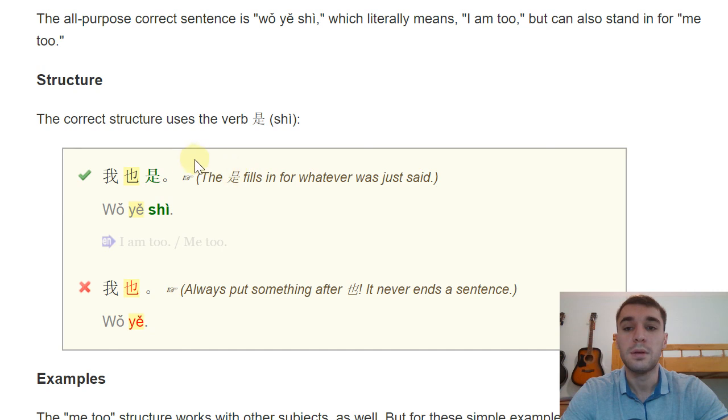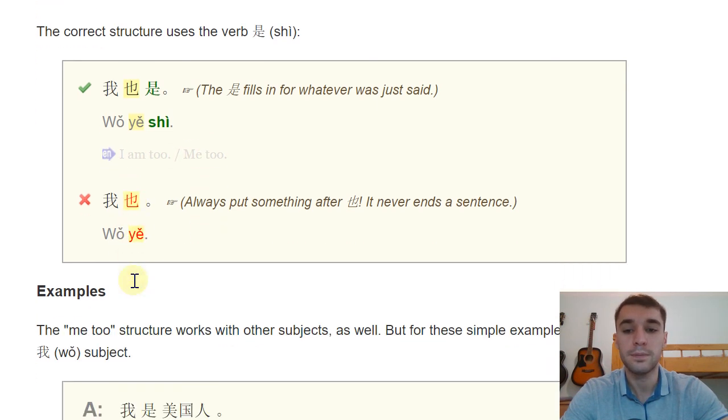So look, the correct structure uses the verb 是. 我也是 I am too. You cannot say 我也. So you should say 我也是. If you want to say I am too, me too, 我也 is not correct.